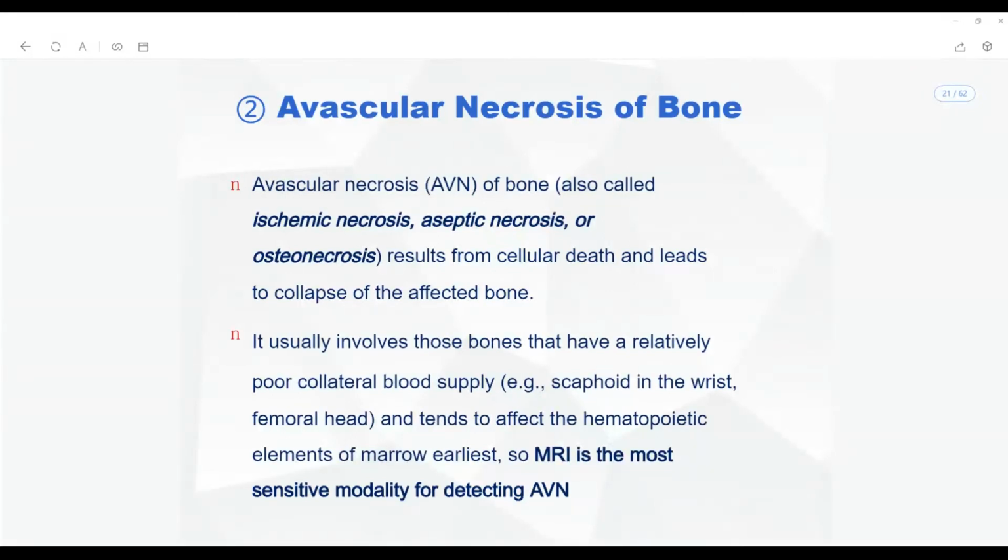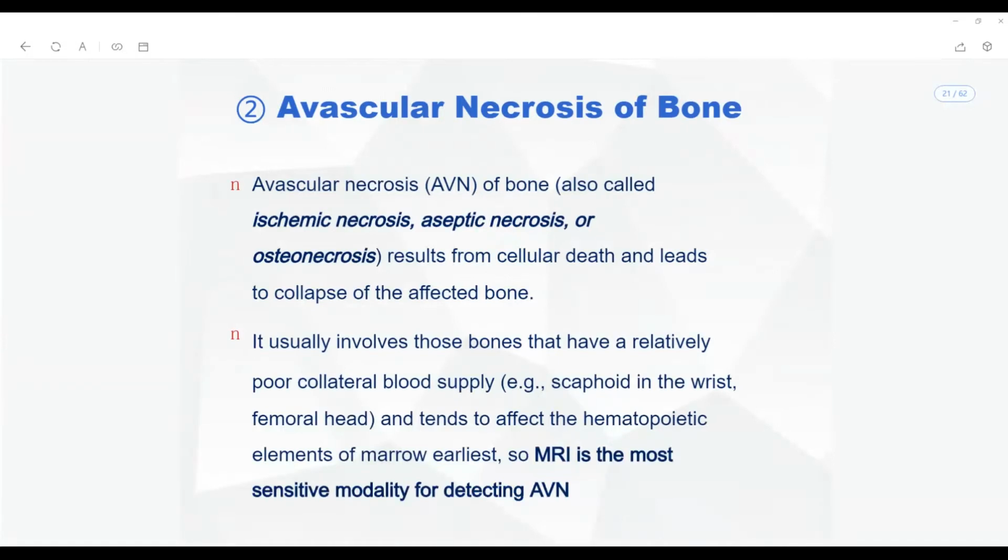Obviously, right? If there is a problem in the distal blood circulation, the peripheral arterioles on the proximal side will be completely affected, right? So that will eventually lead to ischemia and necrosis in that part, right?